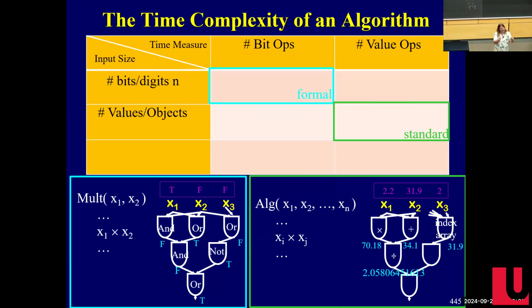Because if I have n numbers, each of size n, then the number of bits is n log n. And my numbers are of size n, so they have log n bits. And when I do a multiplication, maybe it will take me log squared n. So the chances are the difference between these two models is a bunch of log factors that we just ultimately don't really care about, right?